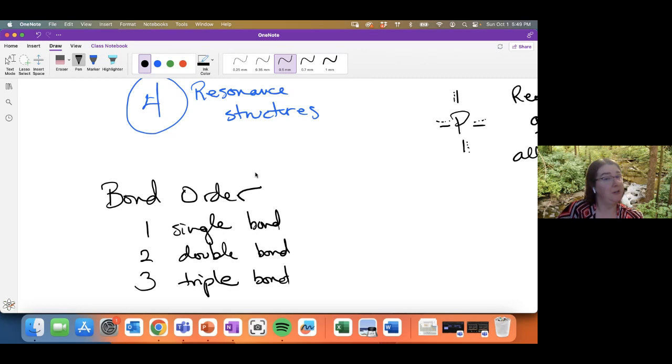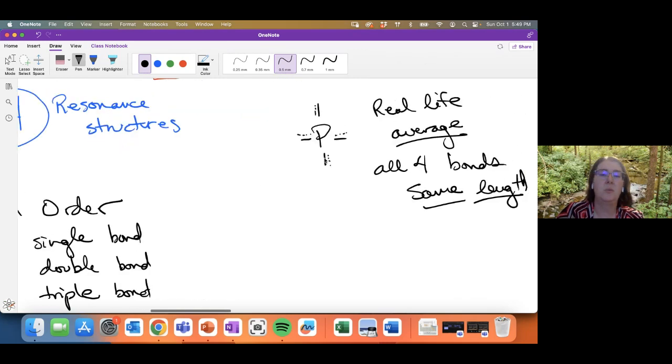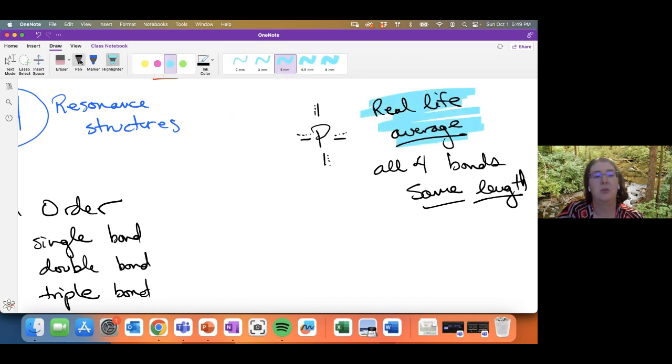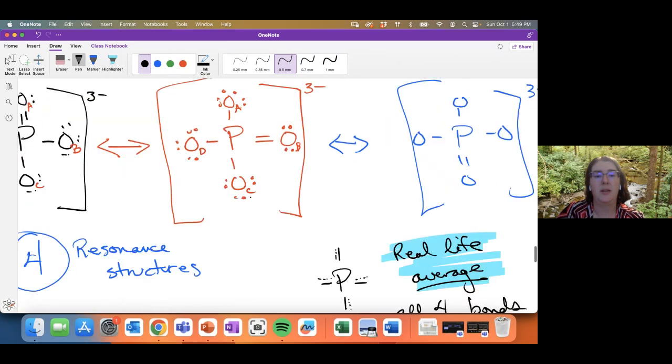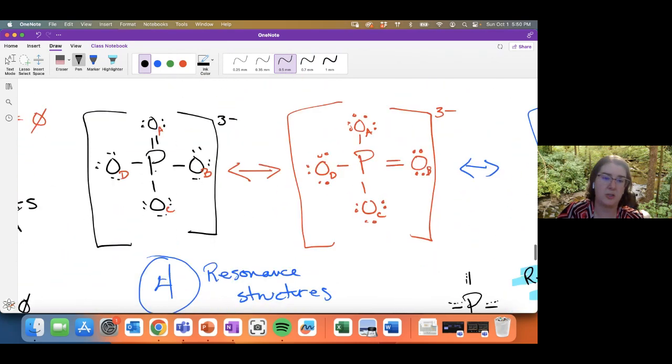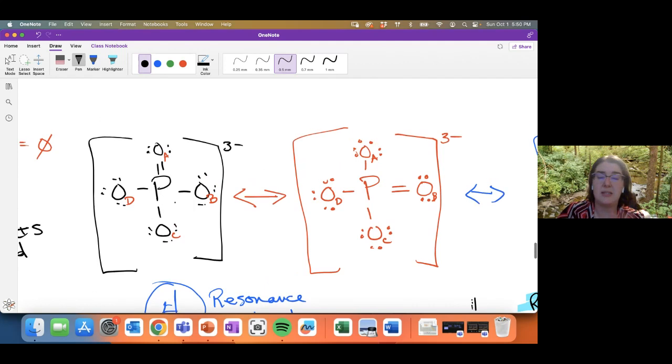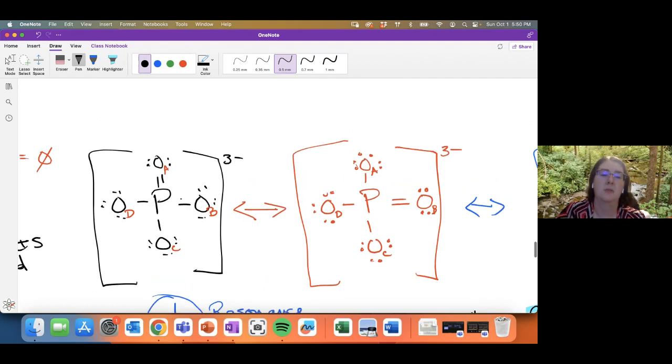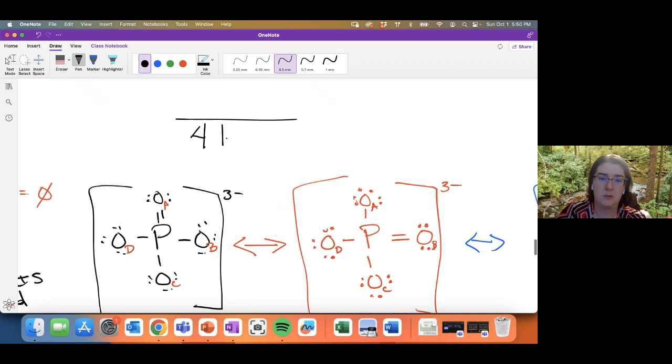Now is the time we're actually going to use that, though, because we really want the average. We want to describe real life. So when I look at my beautiful Lewis dot structure, what I see is I have 4 bonds total. And they are a single bond, another single bond, another single bond, and a double bond.